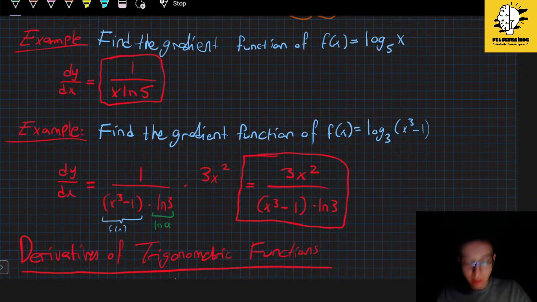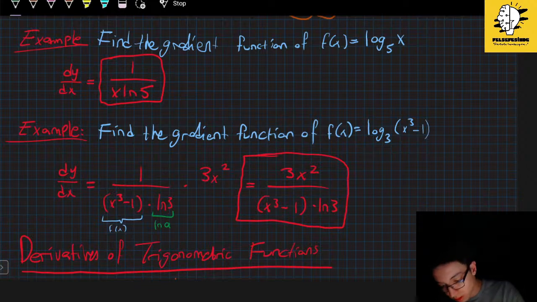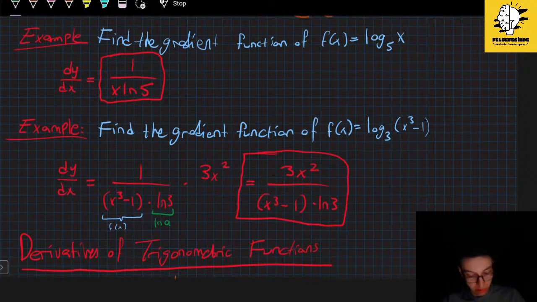Why did we write 3x squared? Because the inside of the parentheses has to be derived as well due to the chain rule. x cubed minus 1, so its derivative is 3x squared. That's all. I hope it's clear.